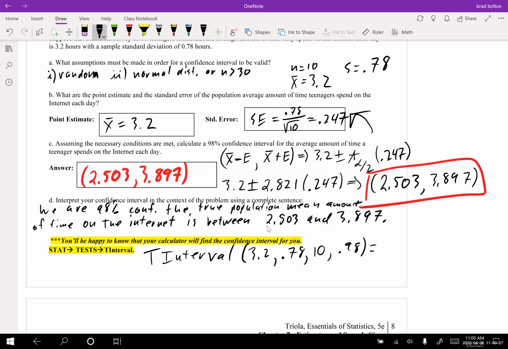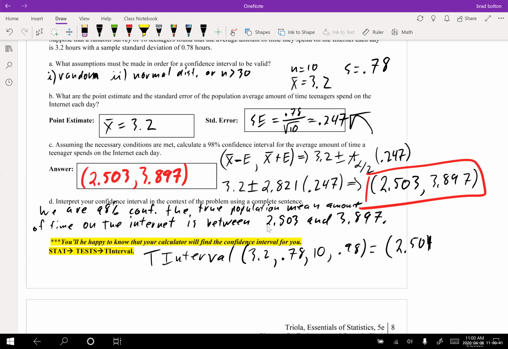So it gave me 2.501 and 3.8959, so 3.896.